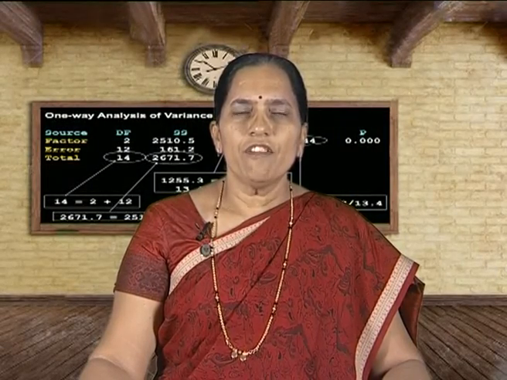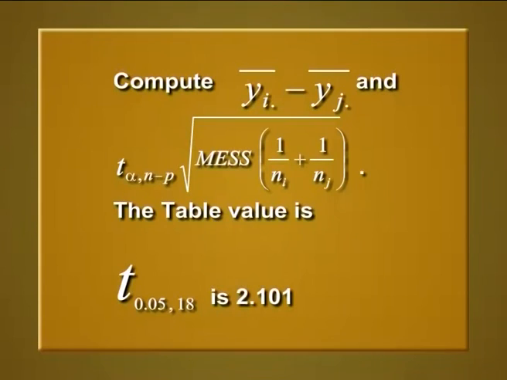So, for that we proceed as follows. Compute each pair y bar i dot minus y bar j dot, and also compute t alpha by 2, n minus p, times the root of mean error sum of squares into 1 by ni plus 1 by nj. The table value for t at 5% level with 18 degrees of freedom is 2.101.